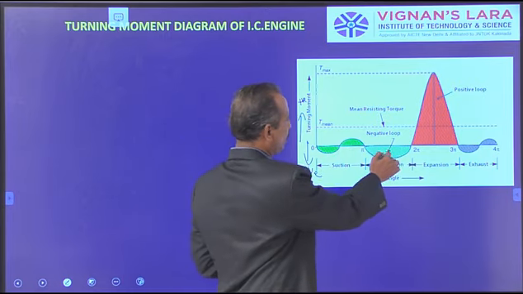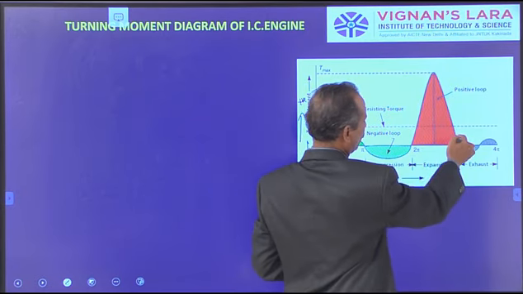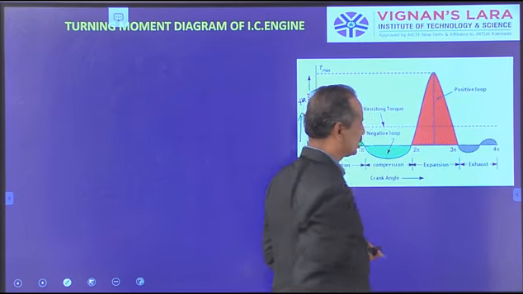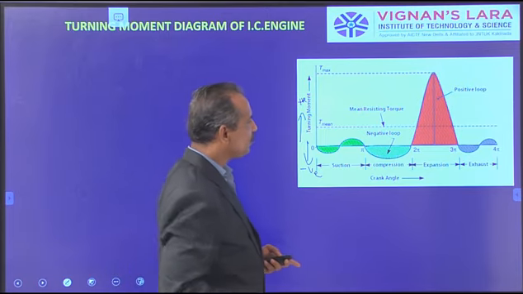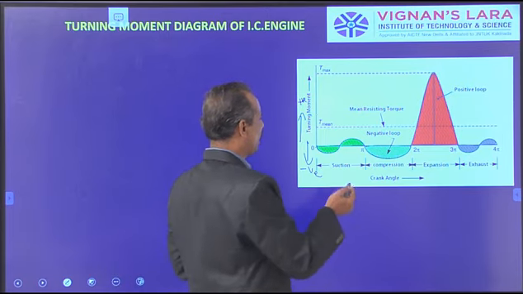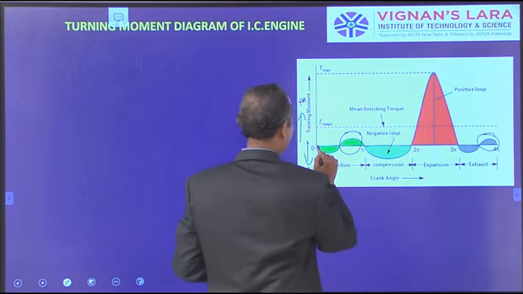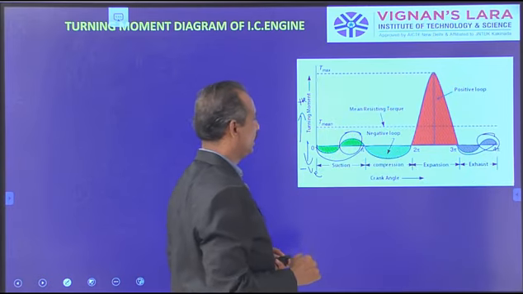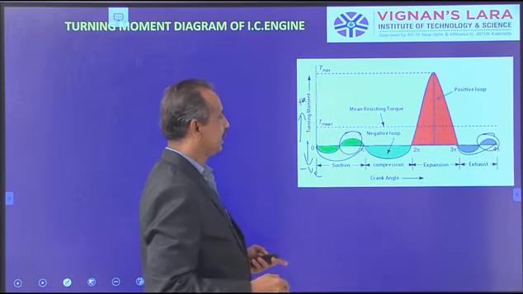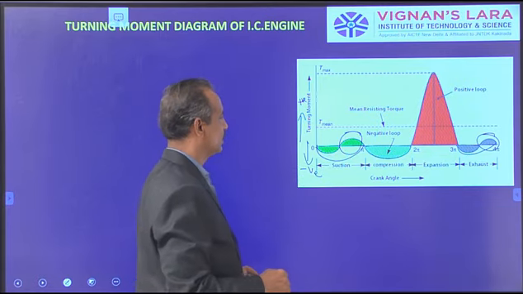In the compression, it is completely negative, and in the expansion, completely positive. In the exhaust, the first part is negative and the rest is positive. Sometimes we forget about these things and we simply draw it simplified. These are also like negative loops, but strictly speaking it should be like this.